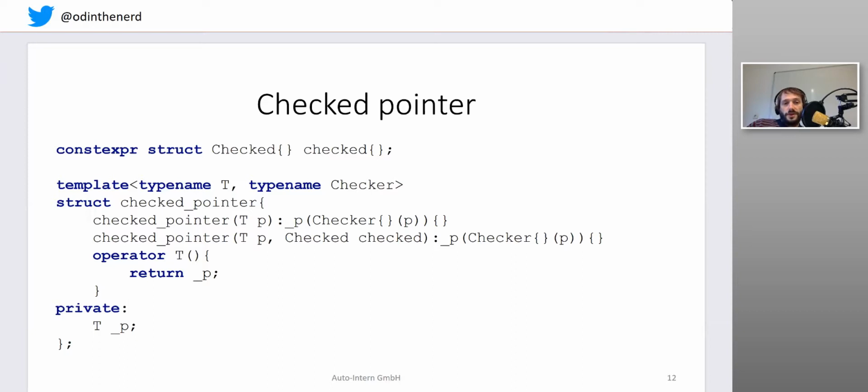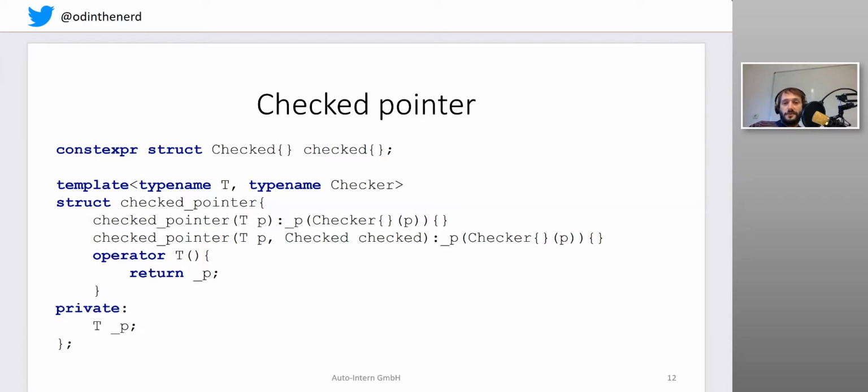Whereas with the checked pointer, I don't want the user just to be able to construct one of these things with a pointer, as we did with protocol ID. If they construct me with just a pointer, then I will check it, right? And this second template parameter is a user supplied checker, which will, I don't know, throw or do whatever the user wants to do if this is a null pointer, right?